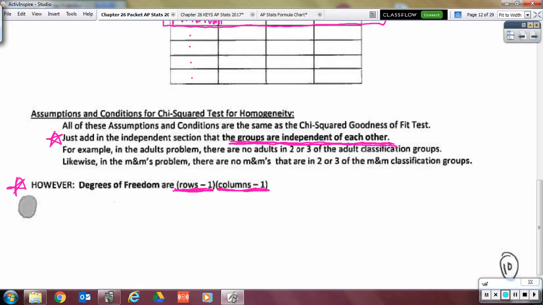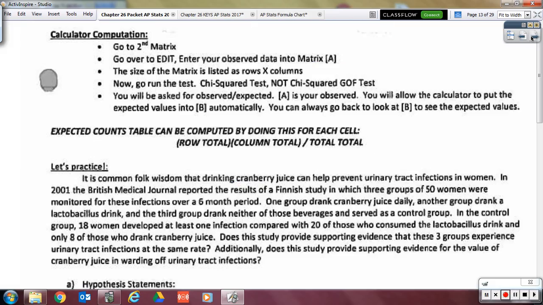Rows minus 1 times columns minus 1. That's a new way to do degrees of freedom. Rows minus 1 times columns minus 1. So there we go. Those are the two assumptions and conditions that are different for these than for goodness of fit. All right, moving on.